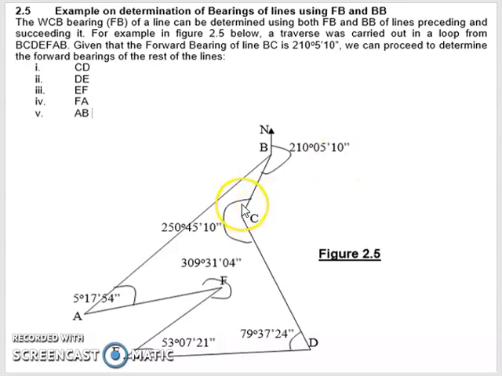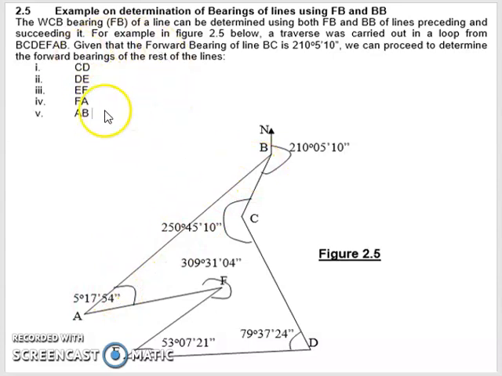Subsequently, all the interior angles, of the angle C, angle D, angle E, angle F, and angle A were measured. So these are all the values. With all these values, you are required to calculate the forward bearing of the lines CD, DE, EF, FA, and finally AB.